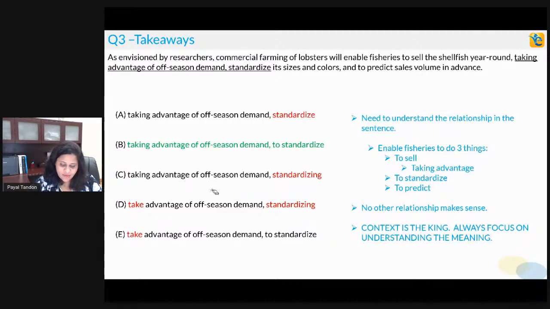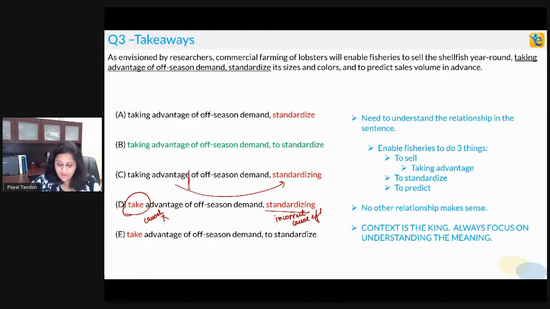Now here, this part is incorrect because it's breaking the relationship. The relationship was taking advantage, so the cause and effect is actually broken over here. This is an incorrect cause and effect.